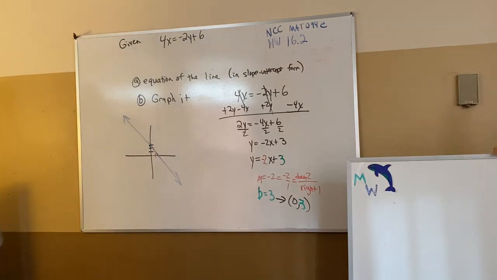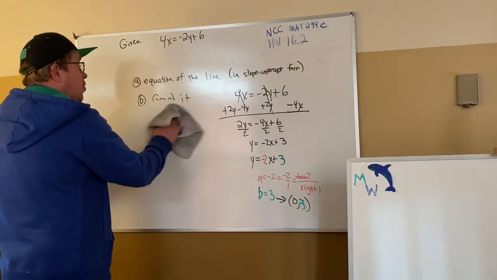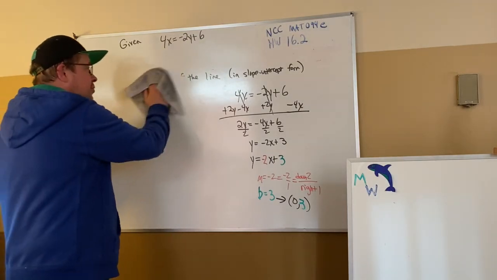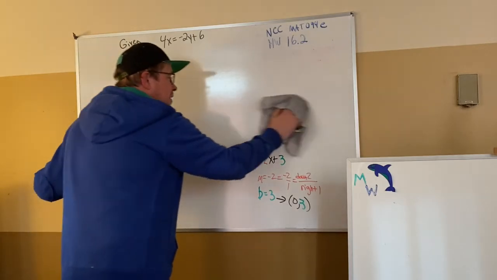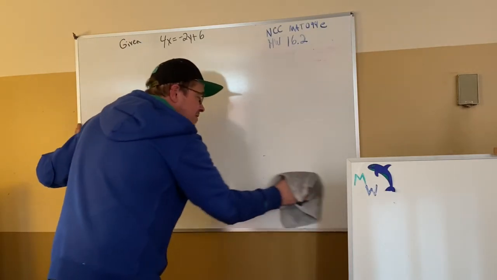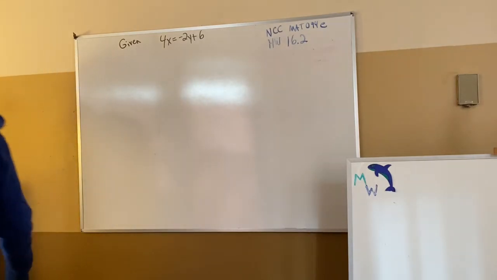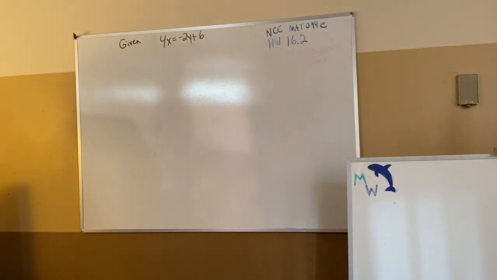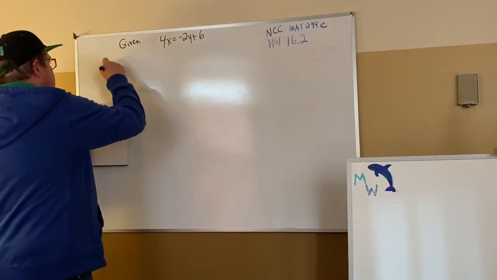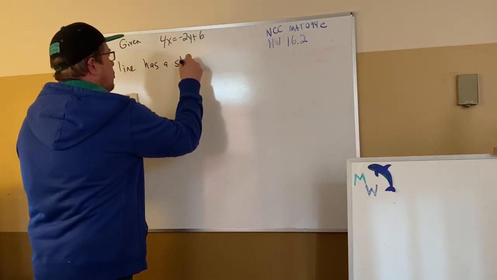Now we got this weird one. It's the last one I want to do for this online version of homework 16.2. And it's a weird one. Weird ones can be oddball lines, and they do pop up and make things happen. And a line has a slope of 0. So that's weird.